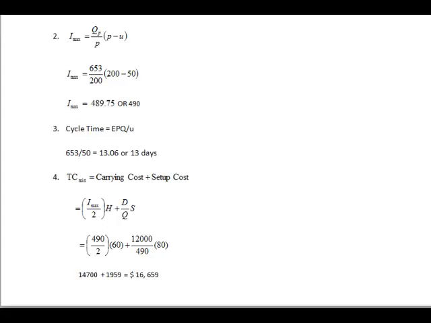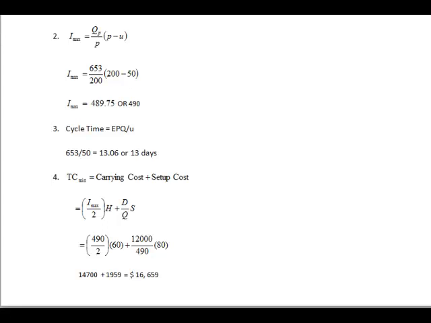And they're not equal to each other because that phenomenon of these two numbers being equal to each other is only valid for the economic order quantity. This is an economic production quantity. It's only valid for the economic order quantity at the economic order quantity number. So we don't expect these two numbers to be equal to each other since this is economic production quantity.